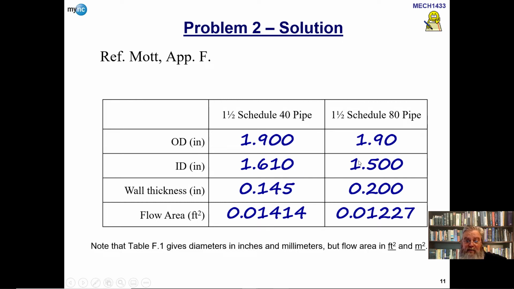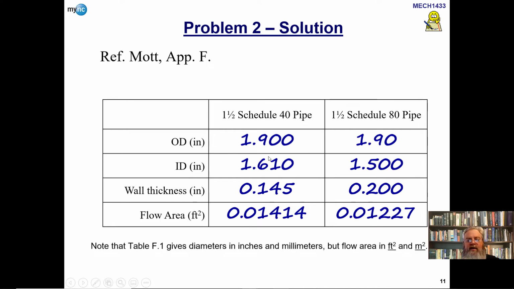This one's smaller. This one has a thicker wall, and that's the main idea. As the wall thickness goes up, the inside diameter goes down, so the flow area goes down as well. A Schedule 40 pipe is bigger inside than a Schedule 80 pipe of the same nominal size. That's because the wall thickness is taking up more space.